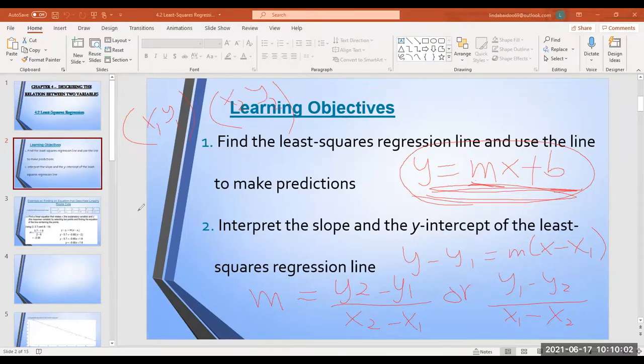The value for y2 subtract y1, and x2 subtract x1. If you have chosen y2, then this has to be x2. Then you will get the slope.